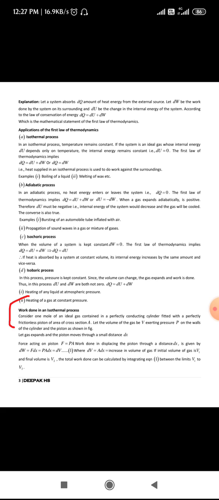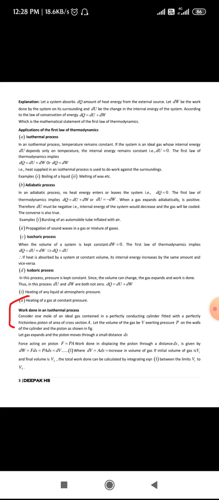Let us consider the displacement of the piston as dx. The work done by the gas can be written as dW is equal to P dV. That is equation 1. Since the gas expands, let V1 be the initial volume of the gas and V2 be the final volume of the gas.